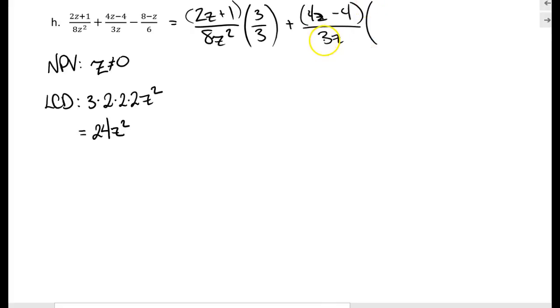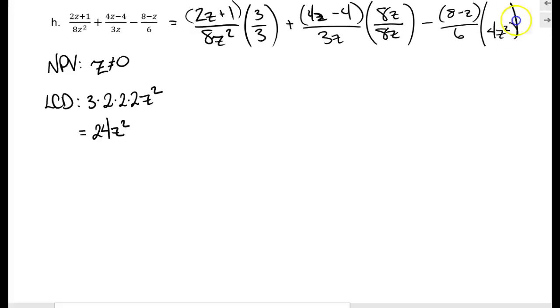Well, 3 times 8 gets me 24. I still need another z, so that's how I create my common denominator. And finally, 8 minus z over 6. I need a lot here. I need to multiply by 4z squared to create my common denominator.